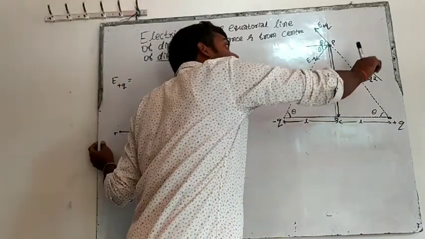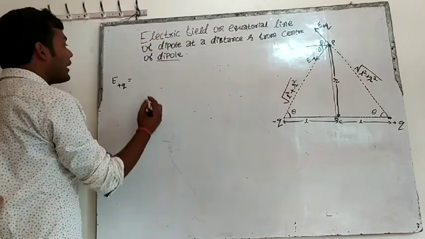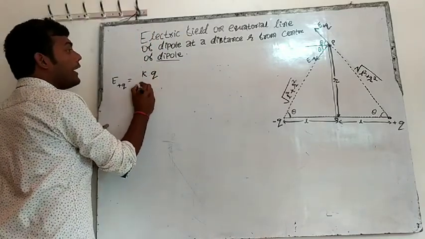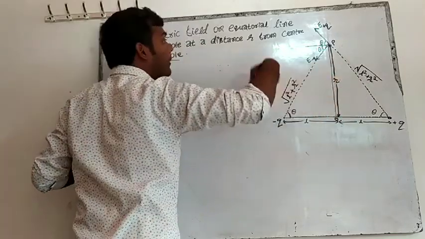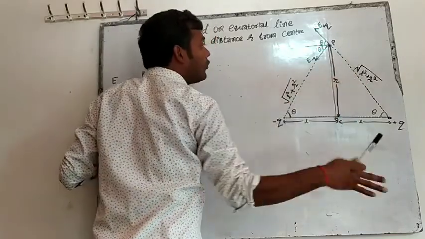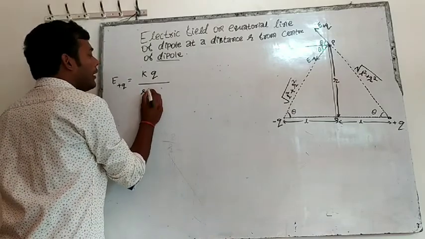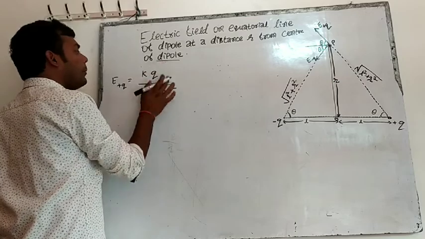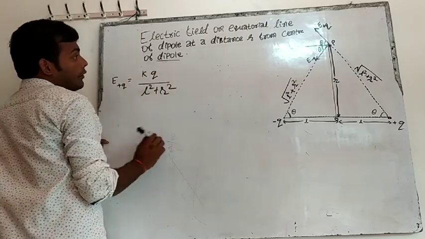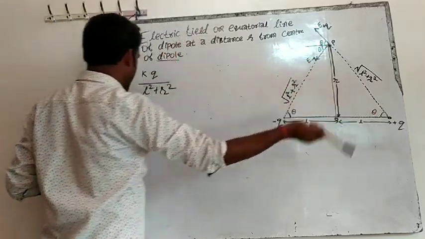We have to take the distance square. So this will be KQ by the square of square root of L square plus R square. If I square this, the square root will disappear. So this will be KQ by L square plus R square.